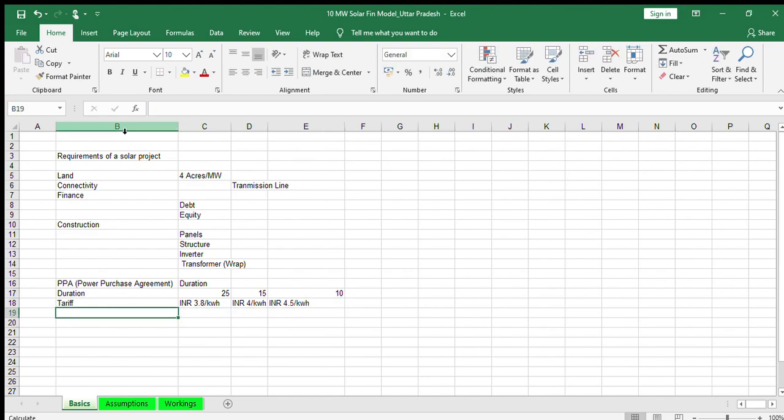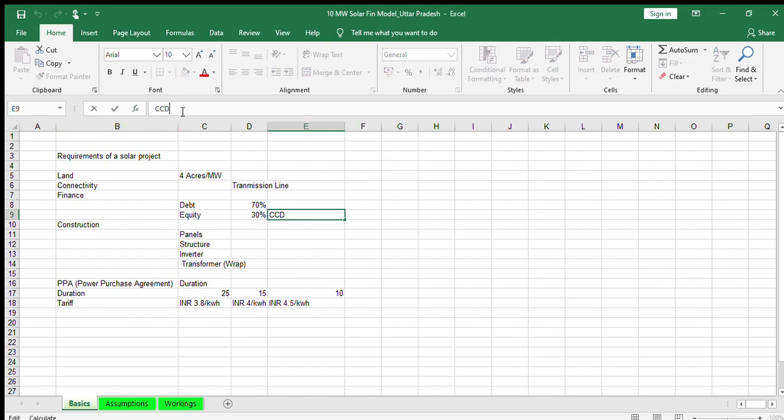Then one thing I missed is that debt is typically 70% of the project cost, and equity is typically 30%. Equity is also funded through CCDs, NCDs, or through cash, whatever could be your means. Once you are getting debt, the most important part is the rate at which you are getting it. So the lending rate is very important.